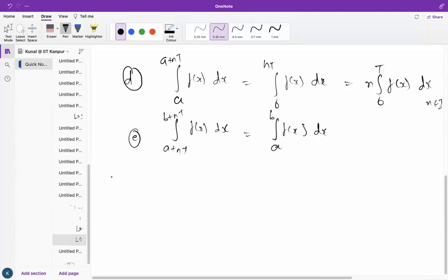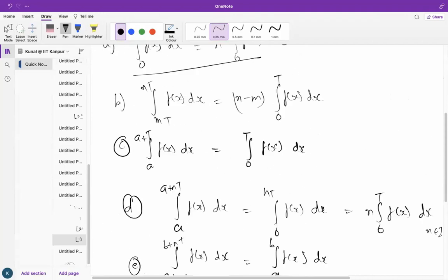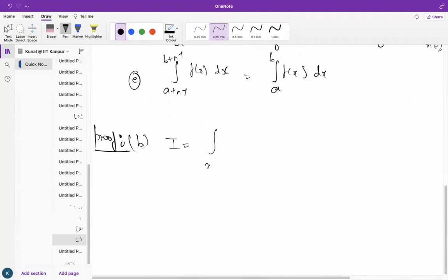Okay. So we already proved the a part, and now let's move to the proof of the b part. What is our integrand? If you go to the b part, we are integrating from mT to nT. That means our lower limit is m times the period T, and the upper limit is n times the period T, where n and m belong to integers.